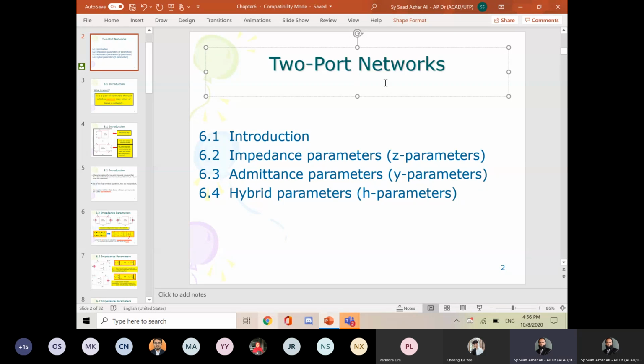So actually, this is it for our network analysis course. I think we did good speed, in a way that we have one week and a tutorial left to do a good revision. Tomorrow's tutorial, I'll try to do some of the questions from your Fourier series, Fourier transform, and maybe one question from two-port network.